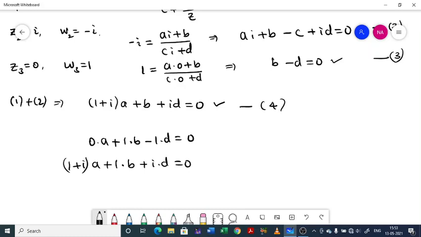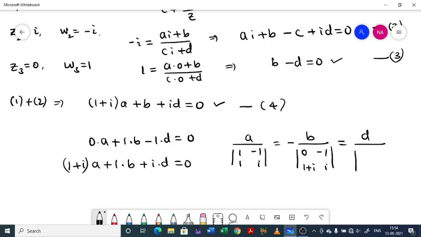So applying the cross multiplication rule, we get a divided by the determinant of 1 minus 1, 1 i, equal to minus b divided by the determinant of 0 minus 1, 1 plus i, equal to d divided by the determinant of minus 1, 1 plus i into i, correct, 0, 1 plus i into 1.